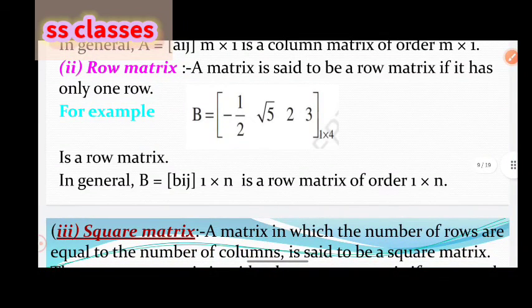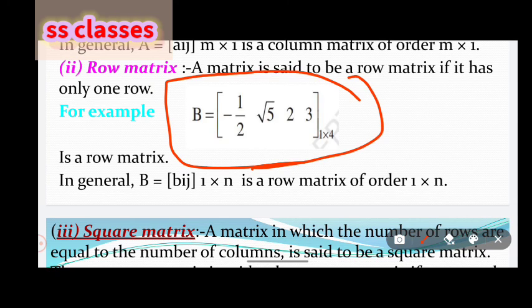And second, the row matrix, it is also self-defined. A matrix is said to be a row matrix if it has only one row. This rectangular array represents only one row of elements.